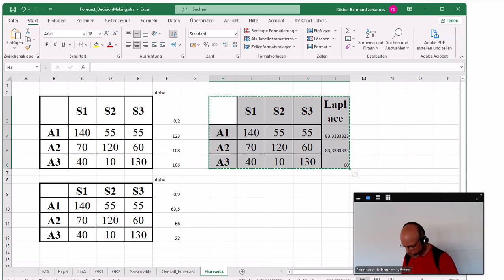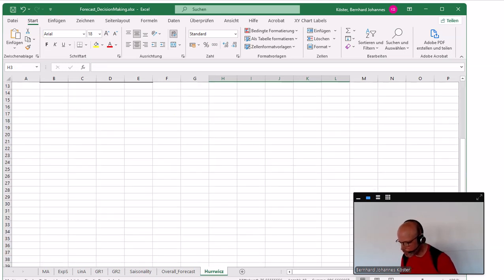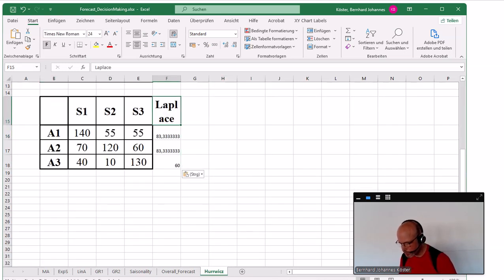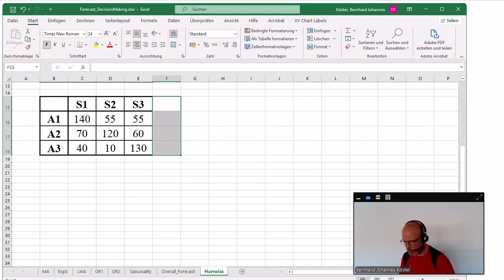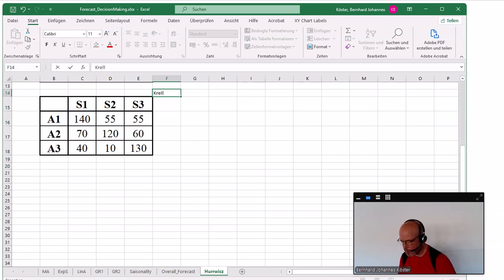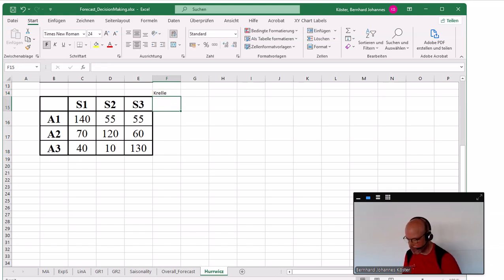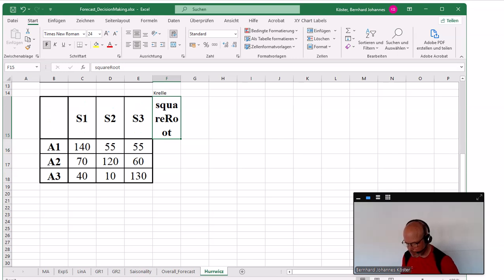And then let's go to not Laplace, but this was Grelle, and the first one was with the square root.